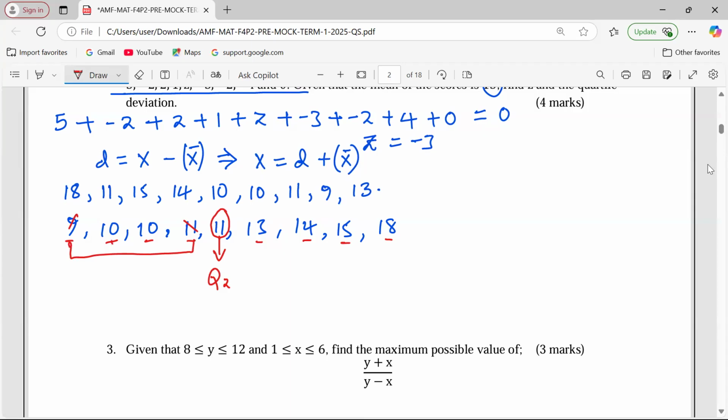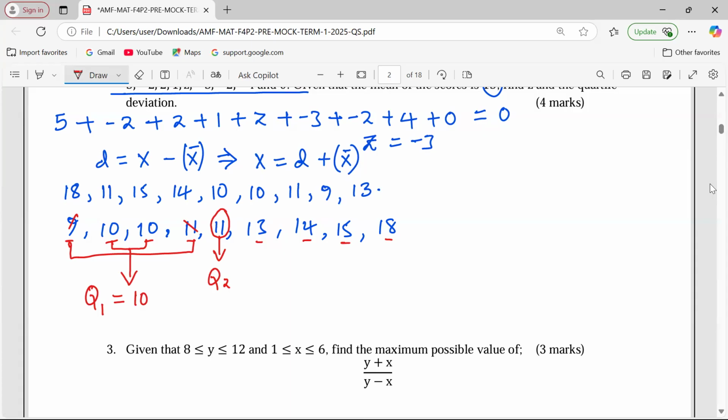So the average of 10 and 10 is going to be 10. So Q1, the lower quartile, is 10 plus 10 over 2, which is just 10. Then now we are supposed to find the Q3. Q3, or rather the upper quartile, is usually the median of the upper set of data.